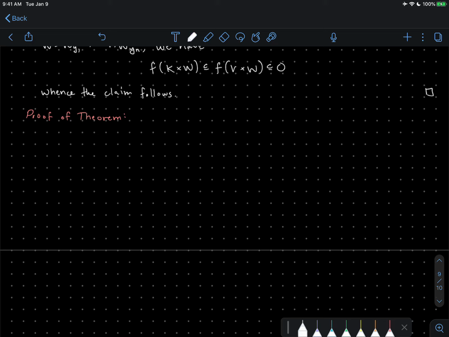So by the previous lemma, we actually get the factorization through continuous functions from X into continuous functions from Y to Z. So we get this continuous function, and it is a bijection.